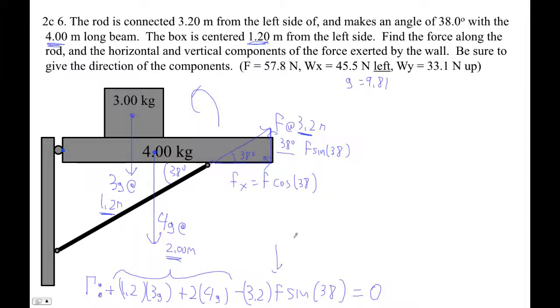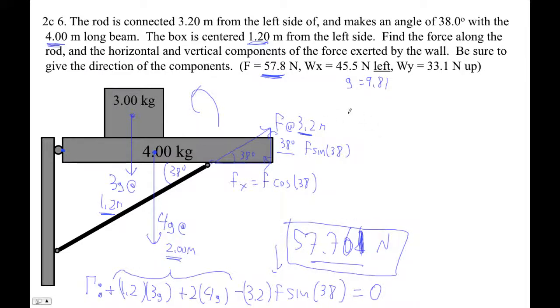Okay, so the force is newtons. I'm wondering if I messed up on one of these things. Oh, I didn't do 9.81. Okay, so hold on. 11.6 times 9.81. That was the difference. Divided by 3.2 divided by sine of 38. I just did 9.8. Oh my gosh, 57.76 newtons is what that is, right? And that's why it rounds off to 57.8. Okay, so that is what that is, right?